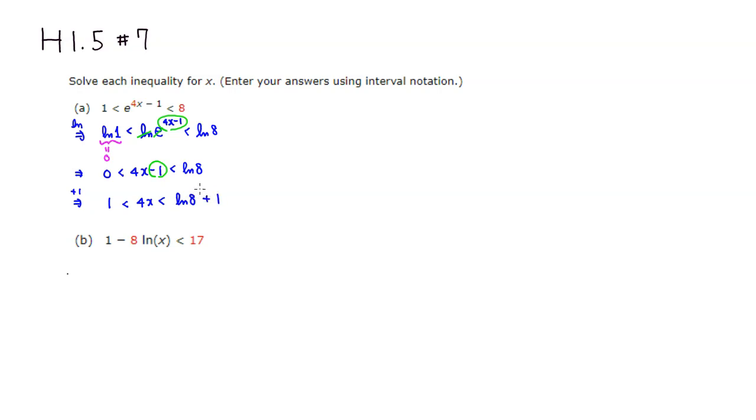Then the last step, I'm just going to have to get rid of the 4 here. So I'm going to divide through by 4 to get 1/4 is less than x is less than 1/4 times natural log of 8 plus 1.